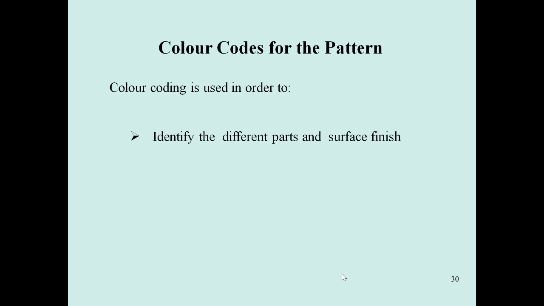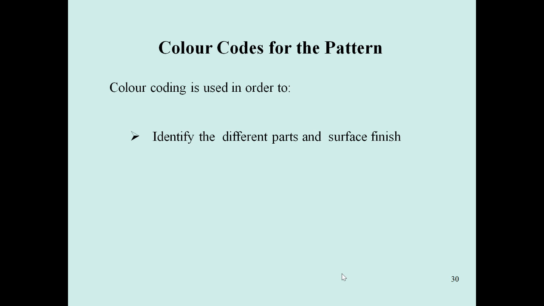Let's look at some of the color codes for patterns. Color coding is used to identify the different parts and surface finish.